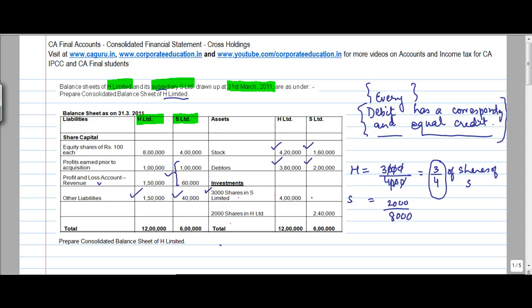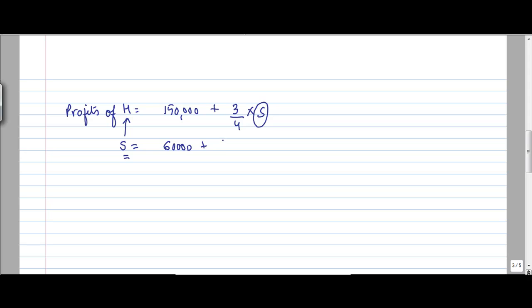These 8 lakh divided by 100 will give you 8,000, or 1/4 of shares of H. So S owns 1/4 of shares of H. So therefore 1/4 into H should also be added to the profit of S.